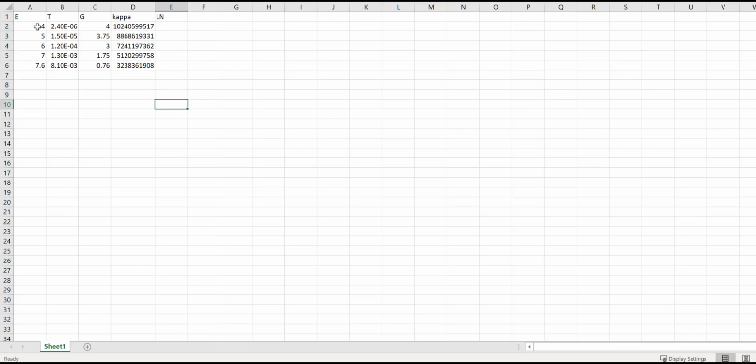Equals ln of 2.72. It should be slightly more than 1 if it is a natural log. Okay, so equals ln of T over G. Control C and paste it.